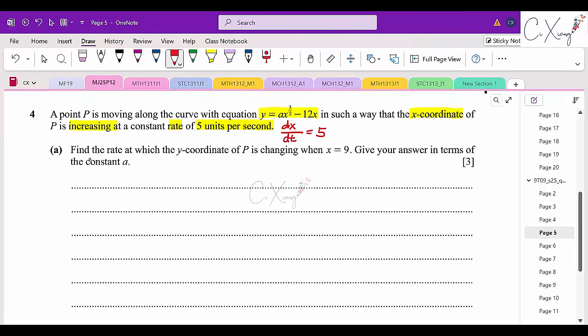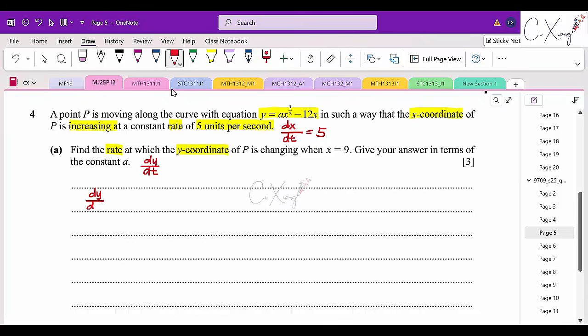And now let's have a look. Find the rate, highlight the keyword rate again, at which the y coordinate of P is changing when x equals 9. So for this question, they are interested to find out the rate of change for the value of y. So we want to find dy over dt. How can I get dy over dt?